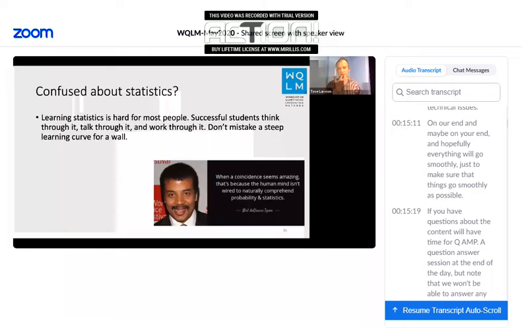Okay, so some of you may find yourself confused about statistics, as I often do. I can sympathize with anyone who finds themselves perplexed at times about statistical principles. I like this quote from Neil deGrasse Tyson where he says that the human mind isn't wired to naturally comprehend probability and statistics.